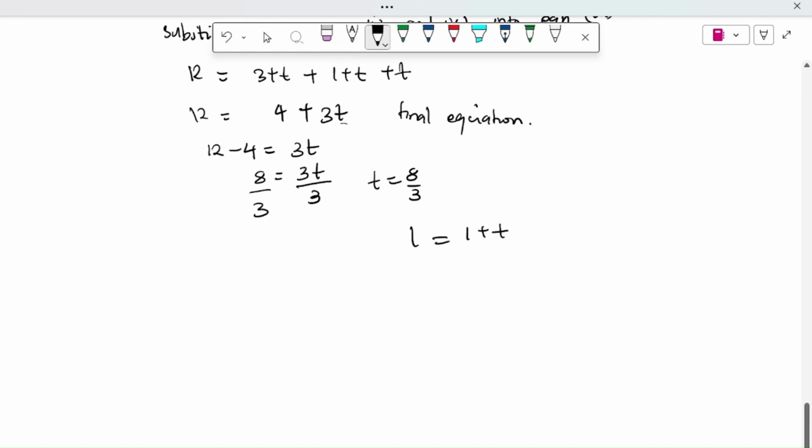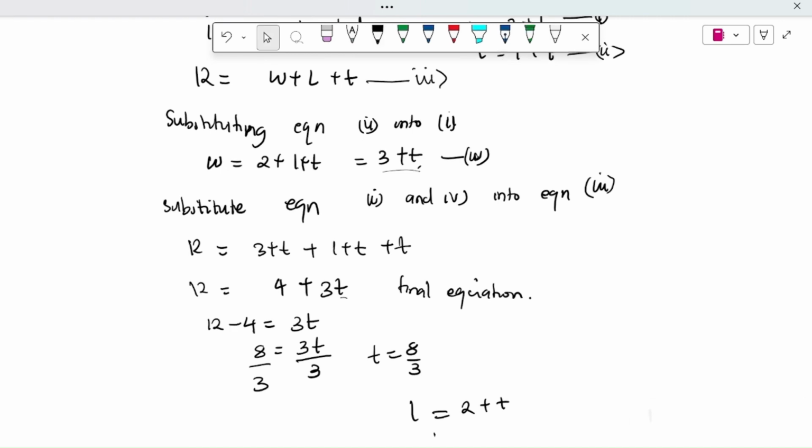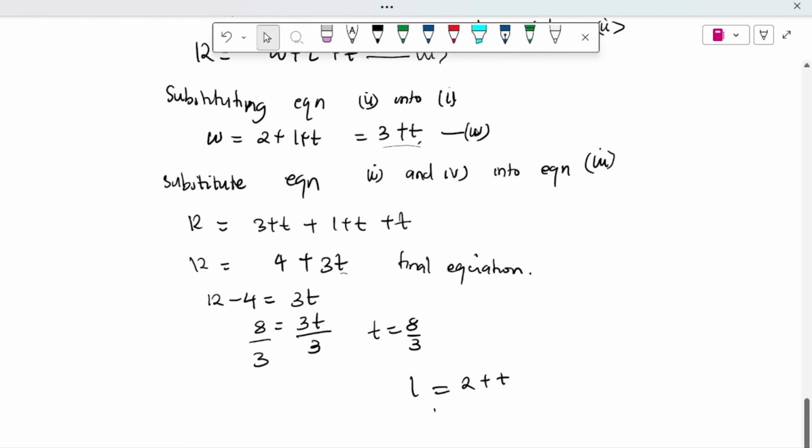Okay. So let's try to say that there were two more games which were lost. 2 plus t. So if we do that, when we substitute 2 plus t here, I'm sorry, it's going to be laughable, but just try to follow what I'm saying.